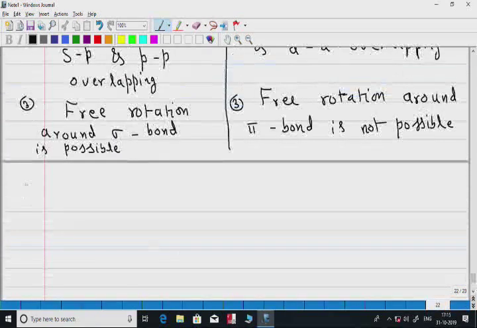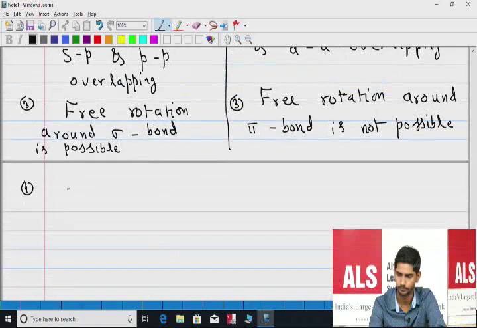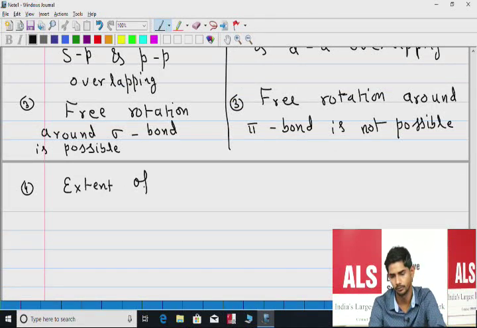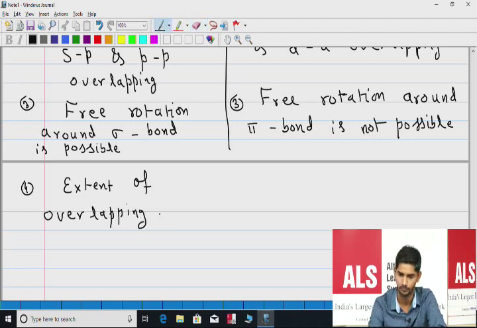Number 4, extent of overlapping is high, therefore it is a stronger bond.